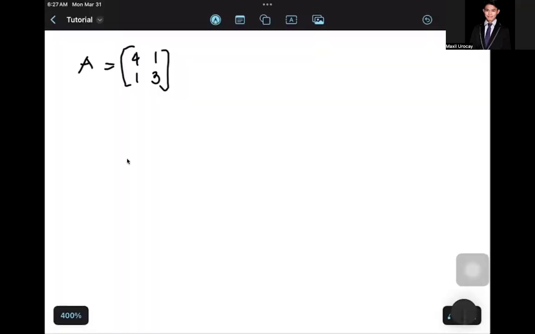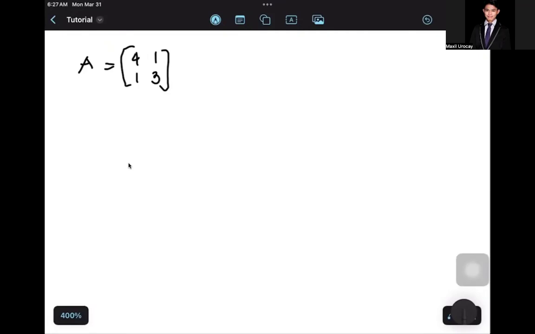Let me give you a specific example so that we can work on this. Let me share my iPad. Given here is the symmetric matrix A, which is 4, 1, 1, 3.